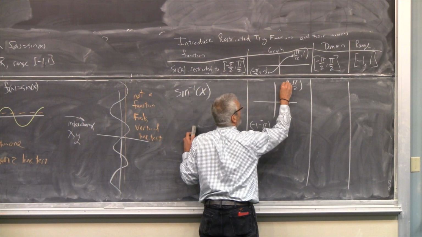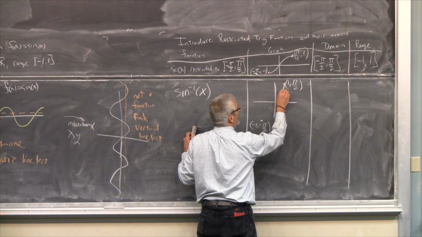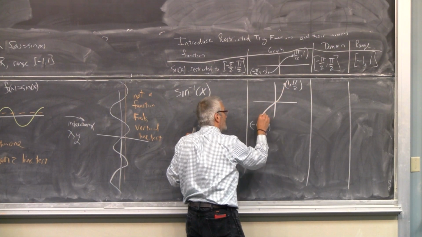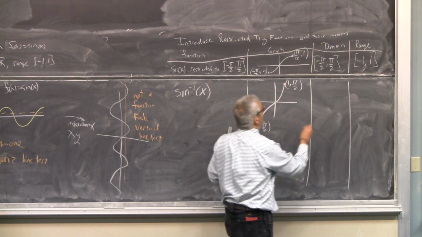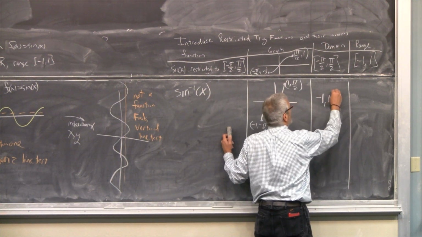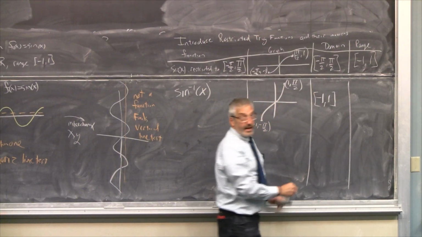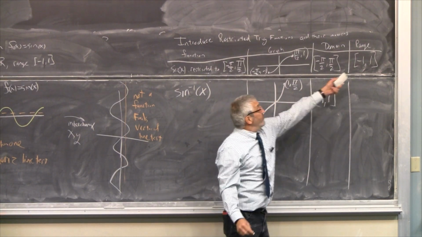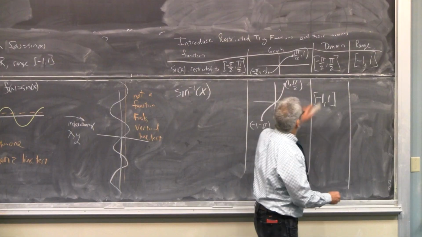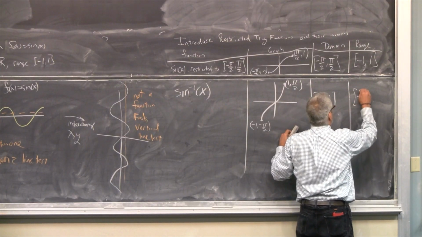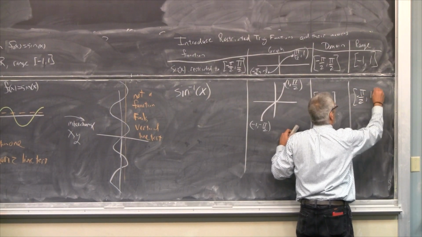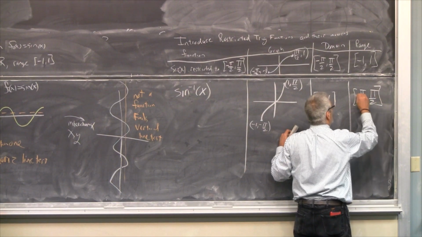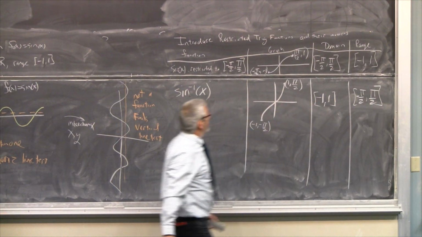This graph flies into this point vertically, like that. The domain is negative 1 to 1, the thing that was the range of that graph. And the range of this graph is negative pi over 2 to pi over 2.